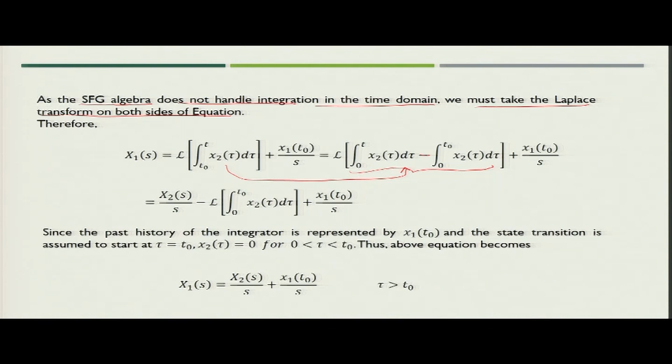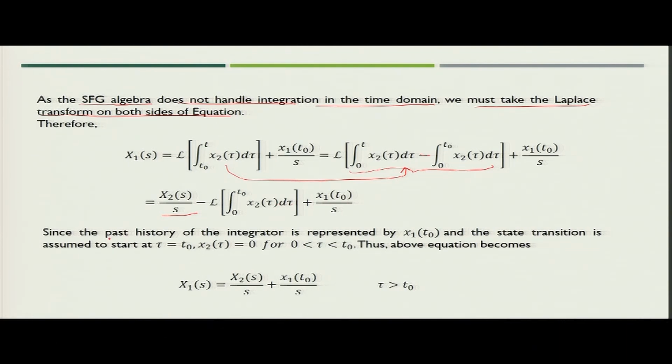Now, the Laplace transform of the first part you can simply write as x2(s) by s, by the definition of Laplace transform which we discussed previously. Next, the item left is the Laplace of the integral from 0 to t naught of x2(tau) d tau, plus x1(t naught) by s.